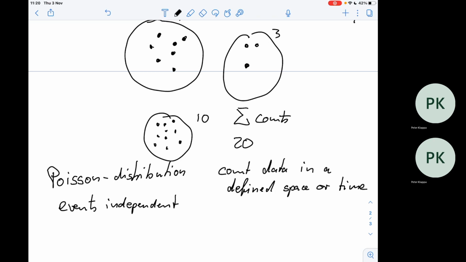Two events at the same time or space can't happen. There must be single events. And the probability for an event to happen must be equal in the entire space or time.